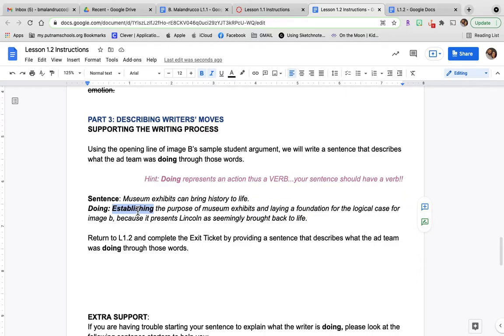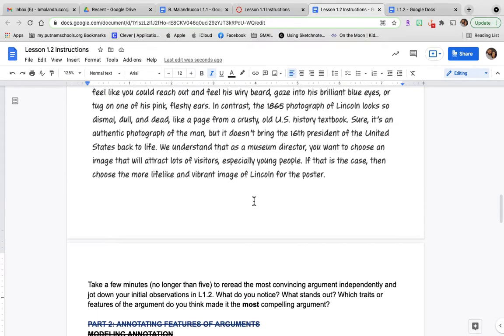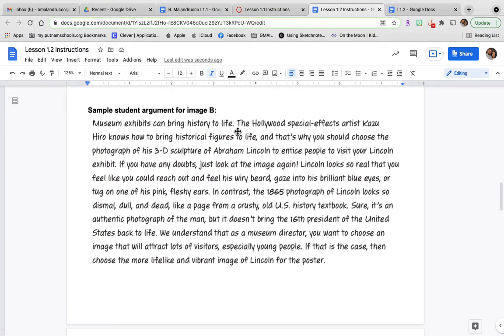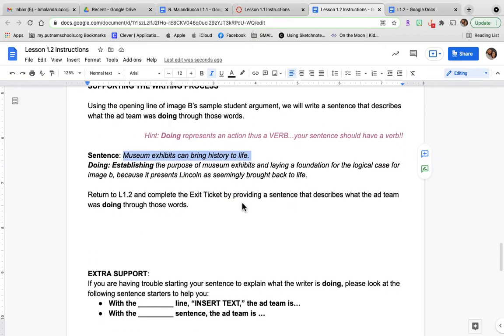It's establishing that museum exhibits both lay a foundation for the logical case of Image B because it presents Lincoln as brought back to life with this beautiful, colorful image with rosy cheeks and nice, thick, full hair and piercing blue eyes. So that's the sentence from the winning argument, very first sentence. That's what the sentence is doing.